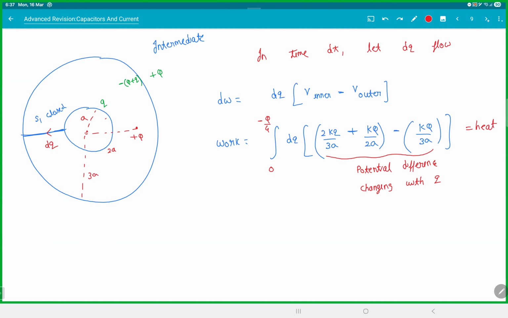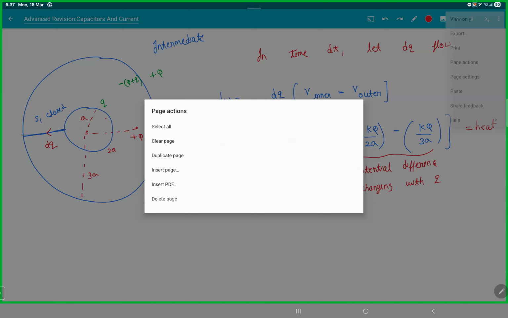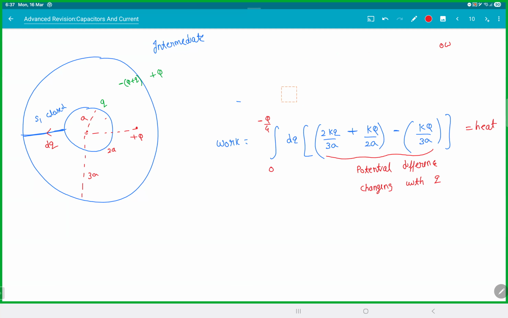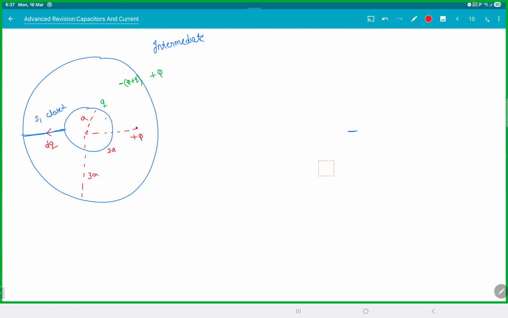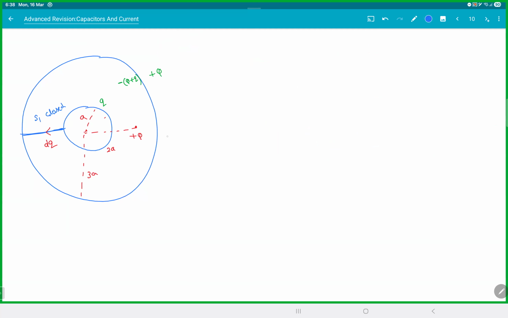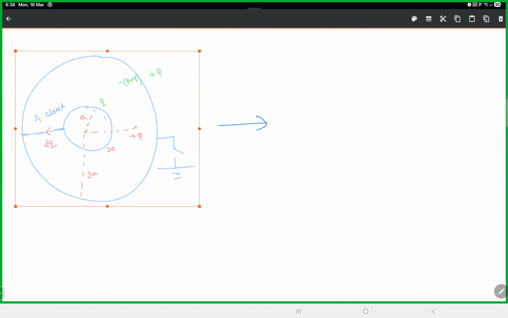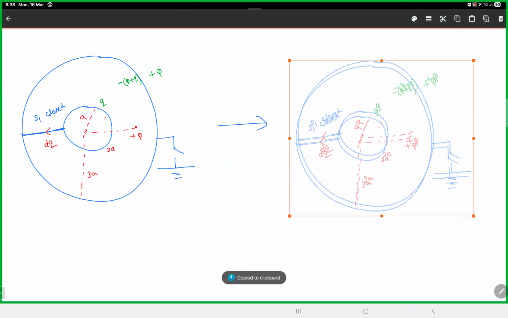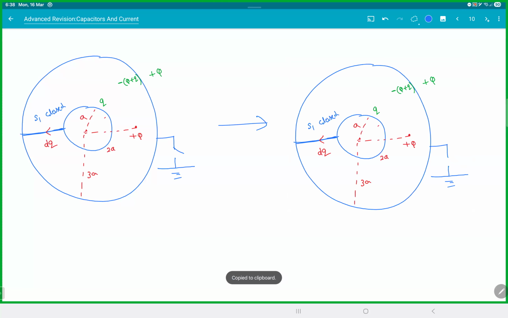Now this is an easy one. So once you got this distribution, once you close the switch, what do you notice? Look at this thing, the field lines which are there outside.